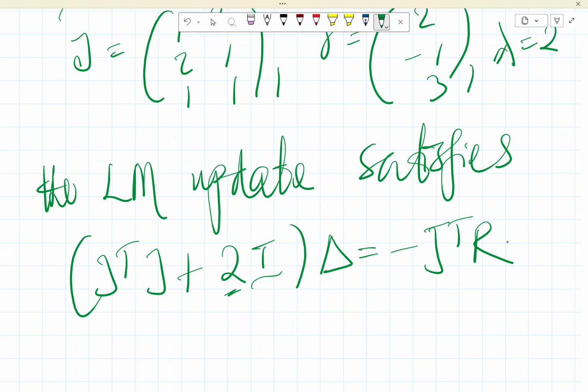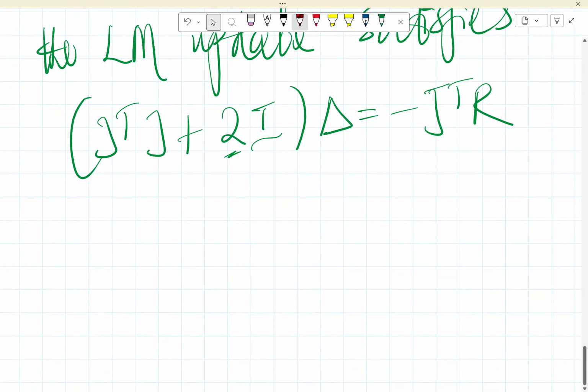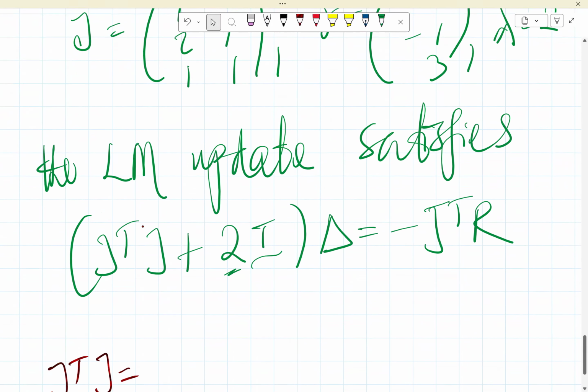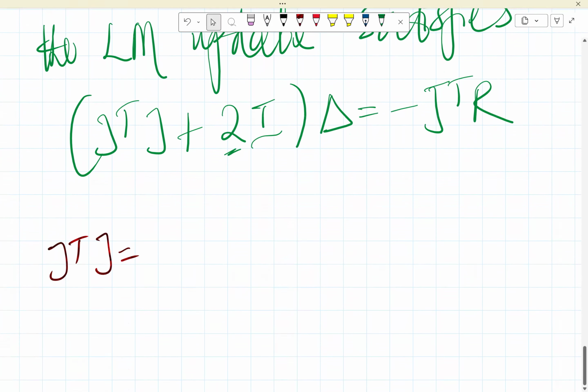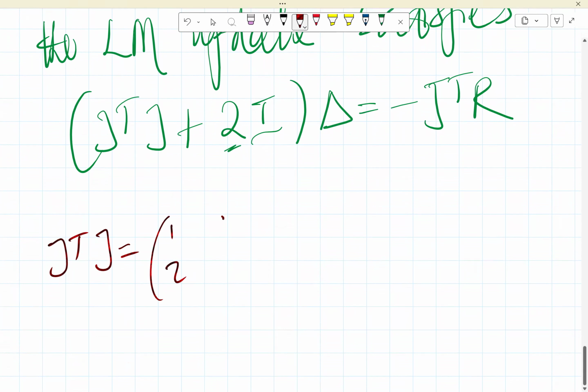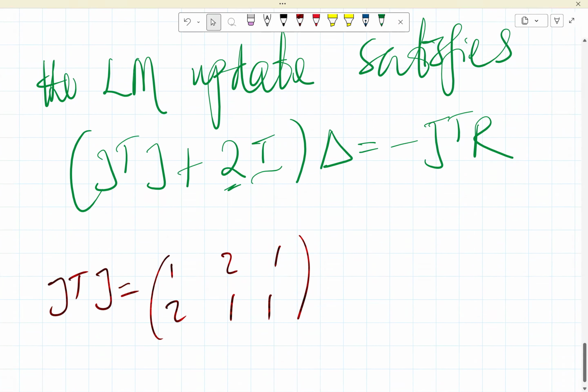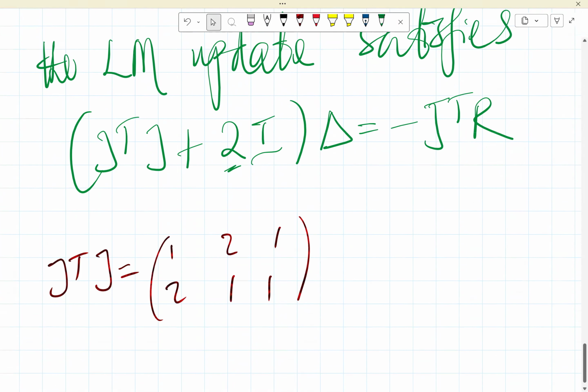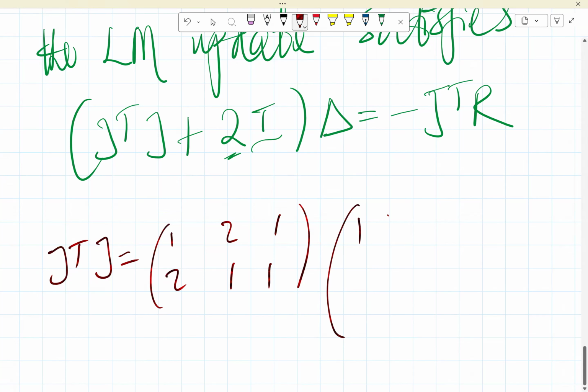Minus J transpose R. With that in place, for J transpose J we have 1, 2, 2, 1, 1, 1. So the transpose is 1, 2, 2, 1, 1, 1. Transpose means rows become columns and columns become rows. Then again 1, 2, 2, 1, 1, 1.